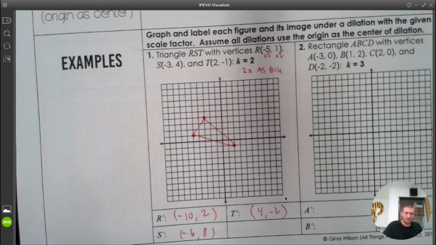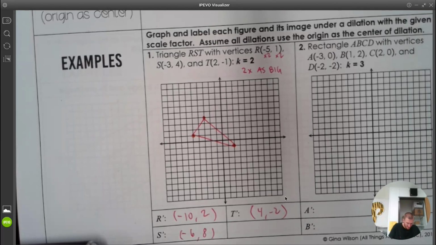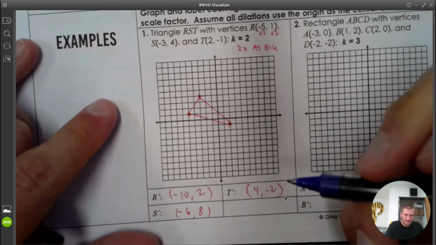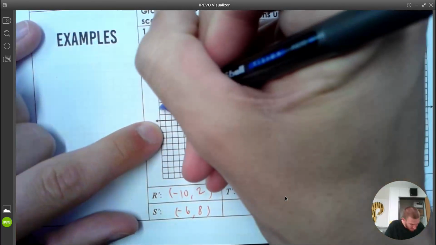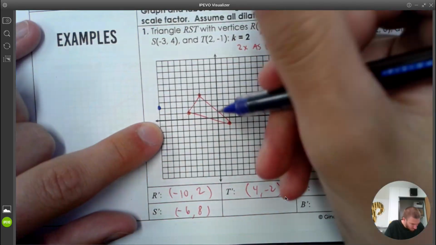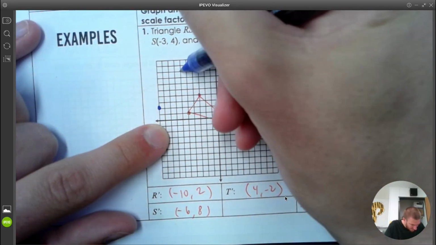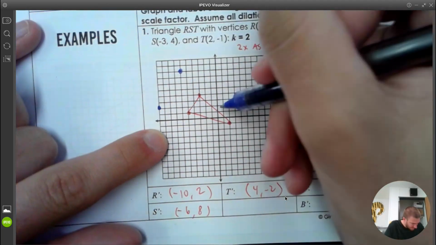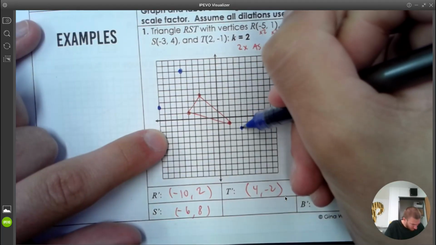Now, when we do this, we don't need to worry about any sign changes. All we need to do is make it twice as big. Now let me get some colors out here. All right, our new points of -10, 2, -6, 8, and 4, -2.